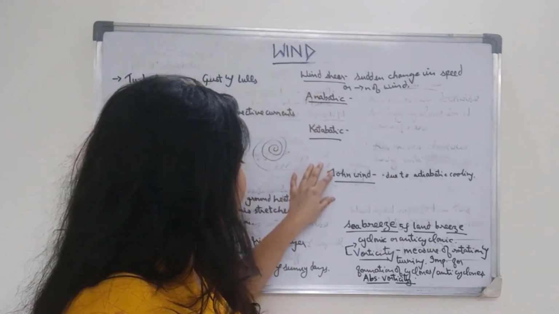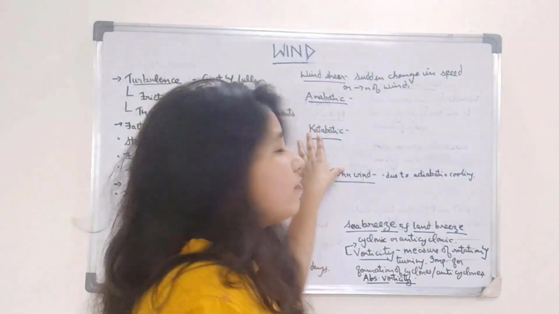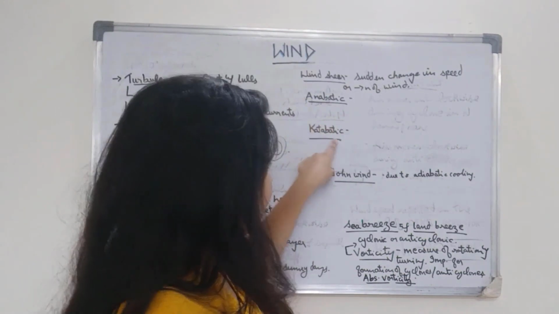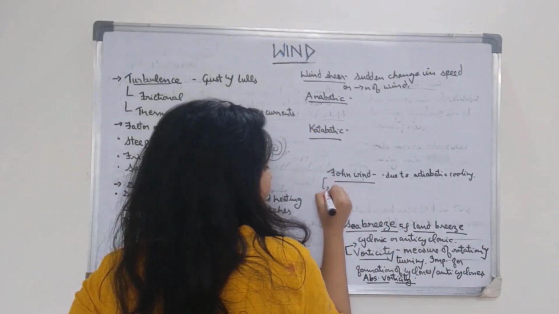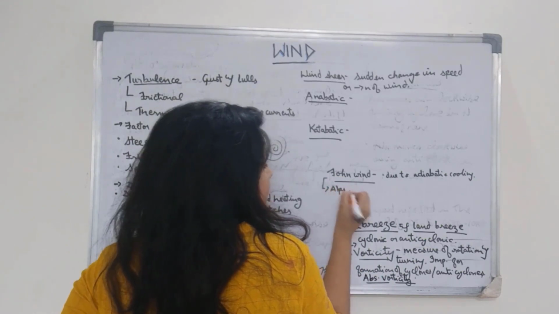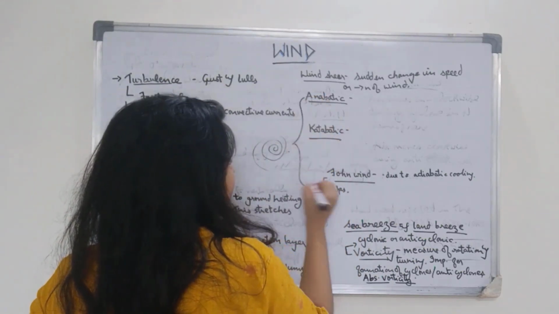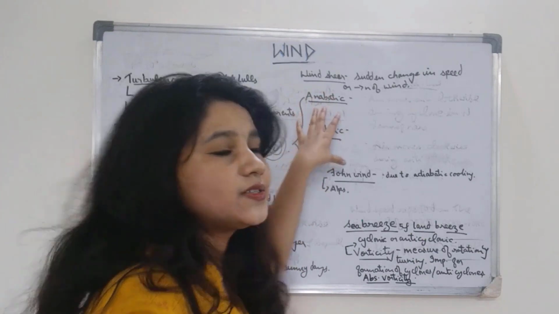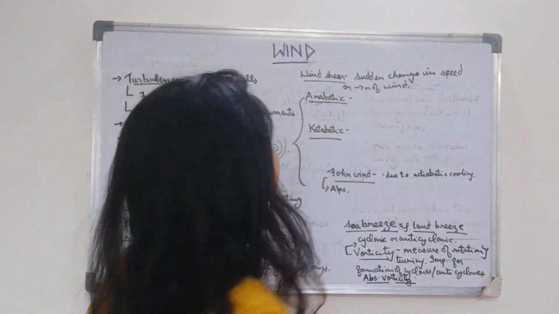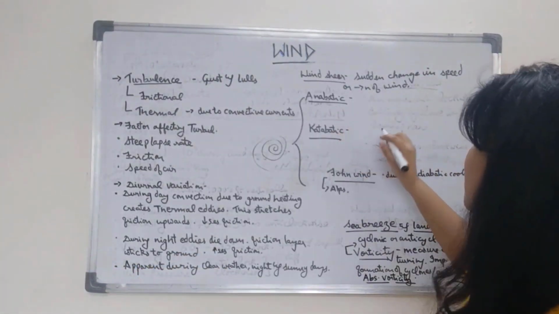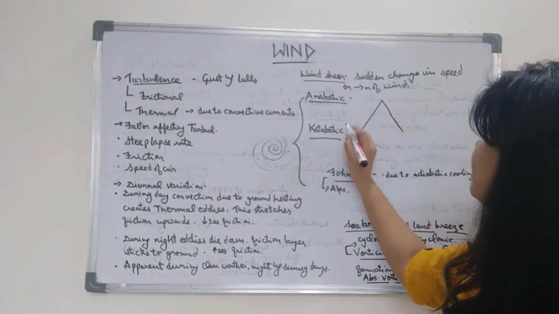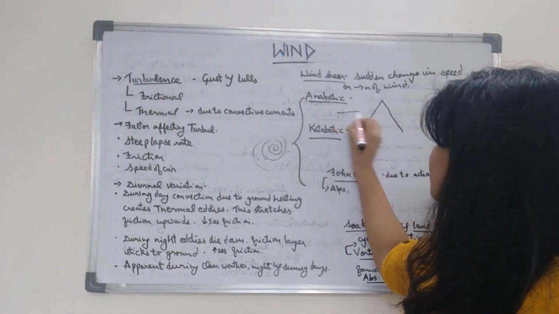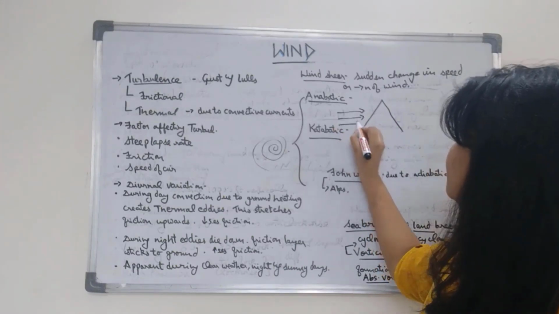Now we have three very important types of wind: anabatic wind, katabatic wind and foehn wind. Foehn wind is also called the Alps wind. The speciality of these winds is that we can notice them in mountain regions. In anabatic wind, what happens? This is the mountain, and this is the wind.